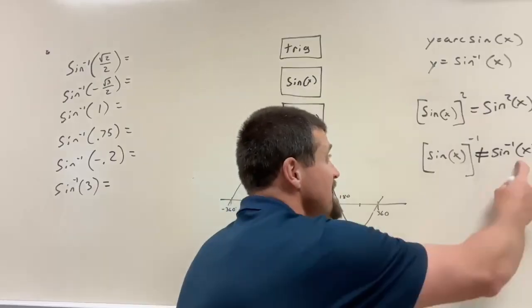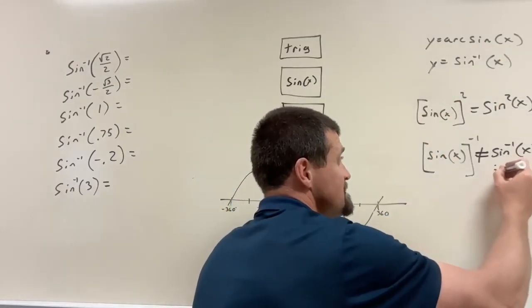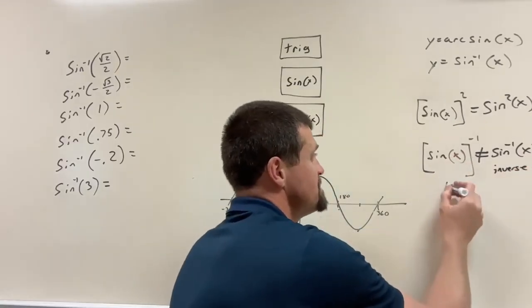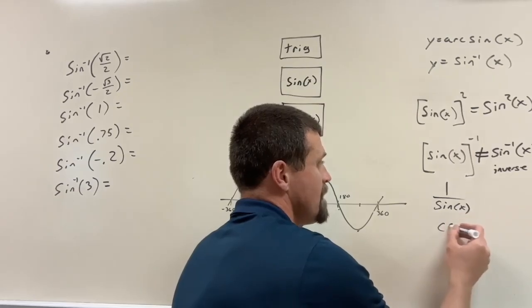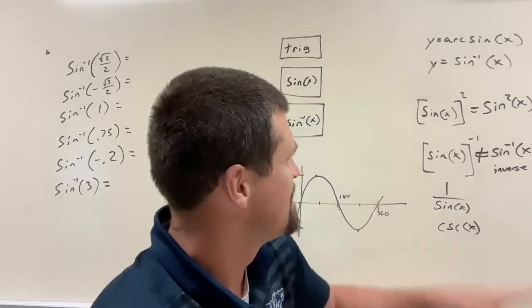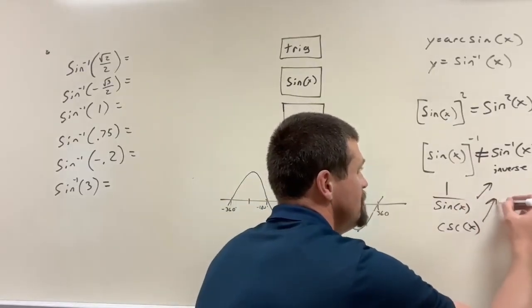This is arc sine. This is inverse sine. This is an inverse. This is a reciprocal, which is equal to cosecant x. This is not equal to the inverse.